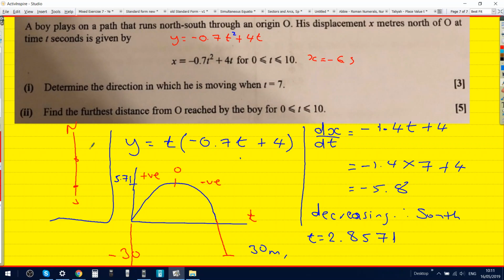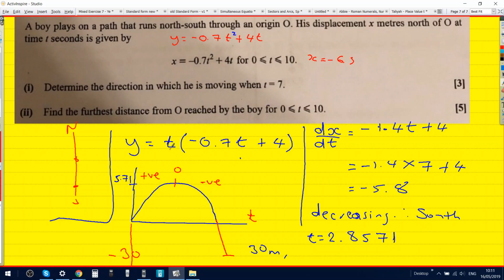Yeah. So it can help to kind of sketch a graph to make sense of it. Basically what direction he's going after 7 seconds. So if you sub in 7, that tells you where he is. But to find his direction, you'd have to say like, is he increasing, is he decreasing? And so you would differentiate it to see, is it increasing or decreasing, is it positive or negative?